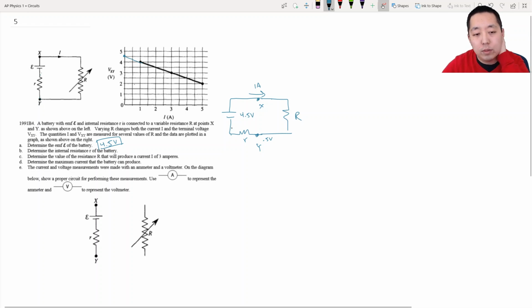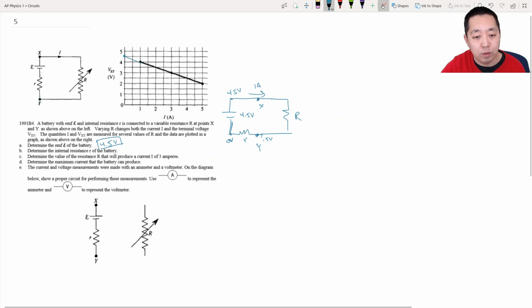When I do voltage differences, one thing I find convenient is to designate one spot to be ground, to be 0 volts. Then this is 4.5 volts because the voltage difference here has to be 4.5. And if this has to be a 4 volt difference, that means I have to drop 4 volts.